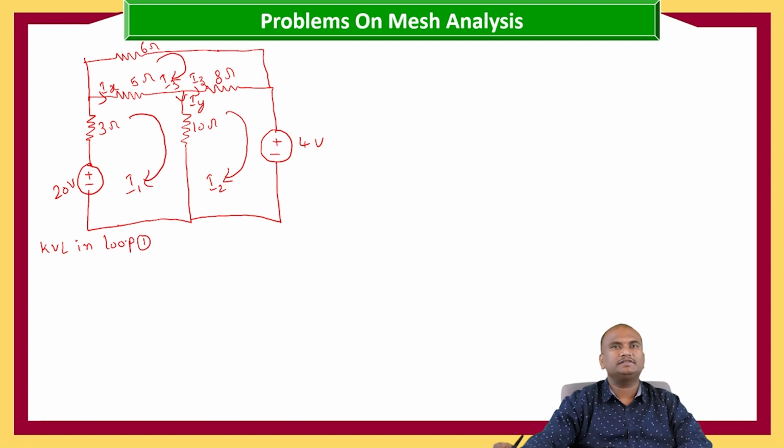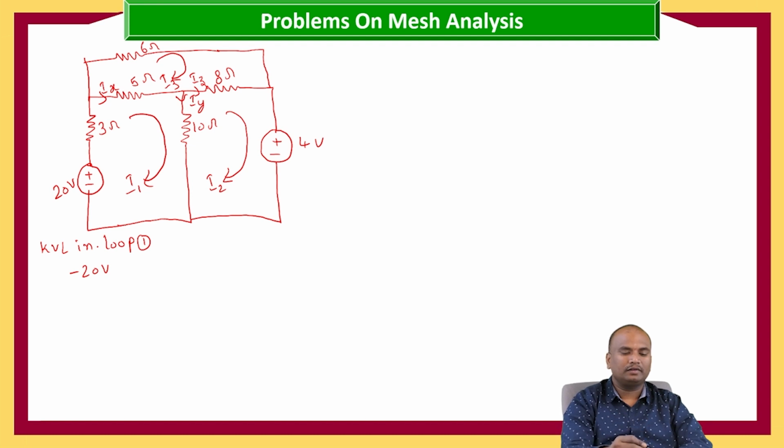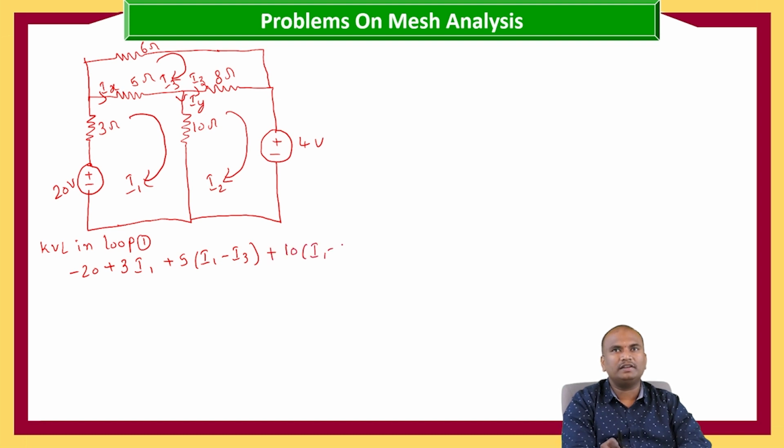When we are writing the KVL in loop 1, the current is entering the negative terminal of the voltage source, that is minus 20 plus 3 into I1, plus 5 into (I1 minus I3), here assuming that I1 has higher magnitude, plus 10 into (I1 minus I2), which is equal to 0.